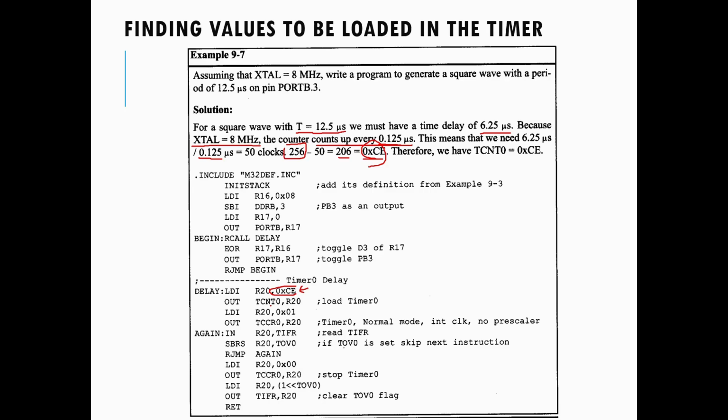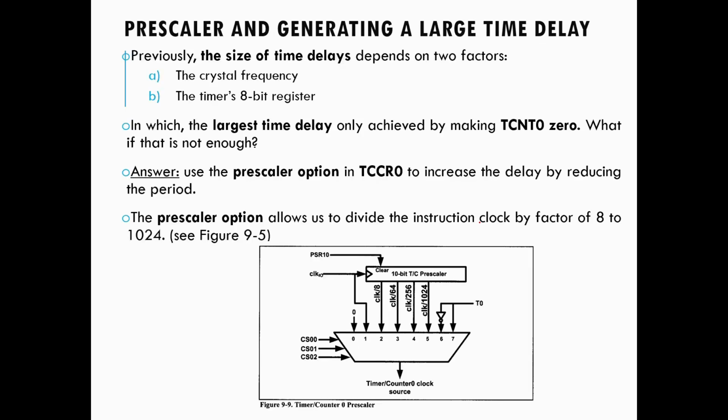That's it. And then for the prescaler and generating a large time delay. What is defined by the prescaler? So no prescaler, or prescaler by 8. This one we have seen in the beginning, the TCCR.